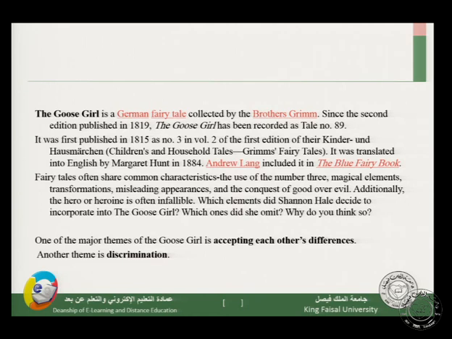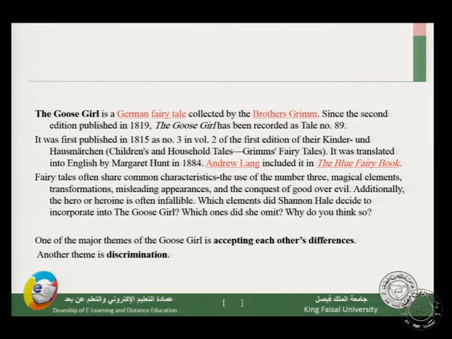Transformations means changing from one form to another, from one shape to another, from one creature to another.